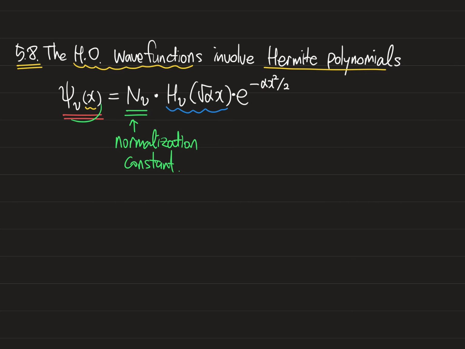And the second part is the Hermite polynomial. And this alpha is simply some combination of constants: mass multiplied by the angular velocity divided by h bar.